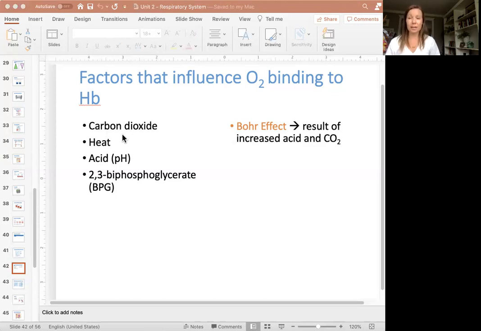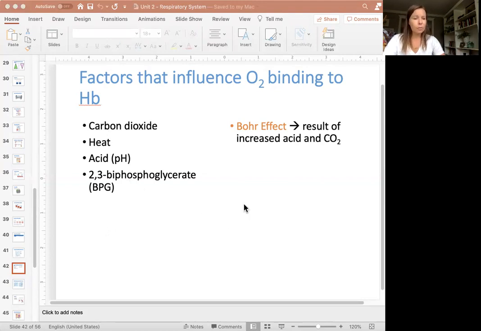And that's a really good thing, because the greater the metabolic activity of a tissue, the greater the need for oxygen by that tissue. So the more active a tissue is, the more of all these substances it's going to produce, and the more it's going to cause oxygen to break away from hemoglobin and move into that tissue.